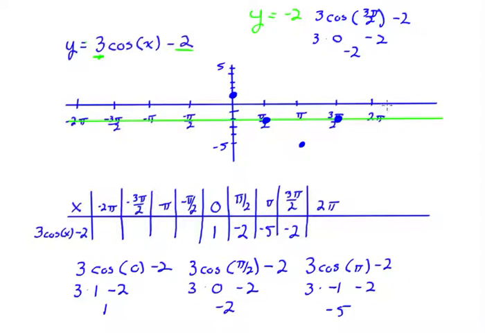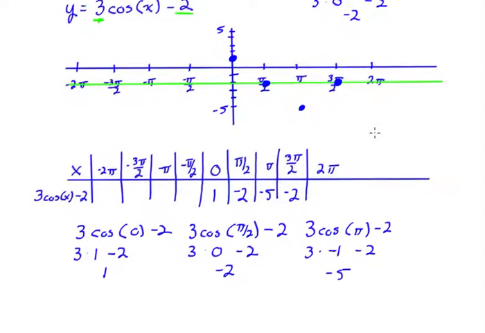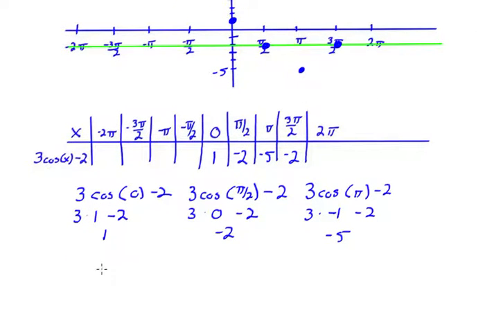We have one more point that we need to work out here, and that's 2 pi. Let me see if I can get us a little bit more room here. I'm scrolling down, I'll scroll back up. So it'll be 3 times the cosine of 2 pi minus 2. 3 times cosine of 2 pi is 1. Minus 2. 3 minus 2 is 1.